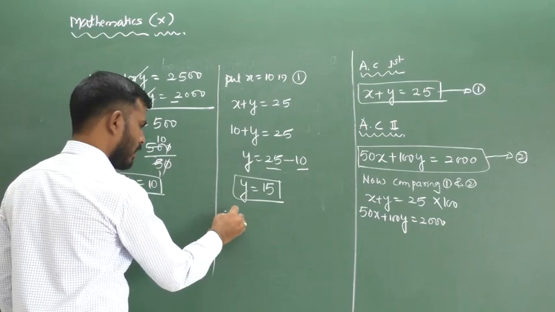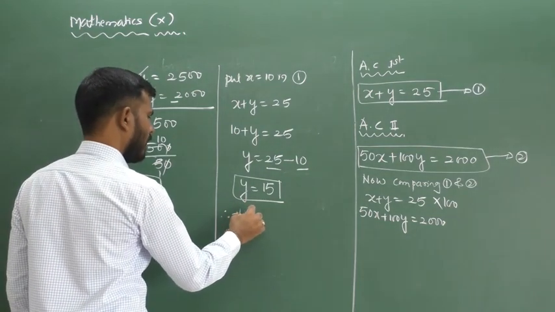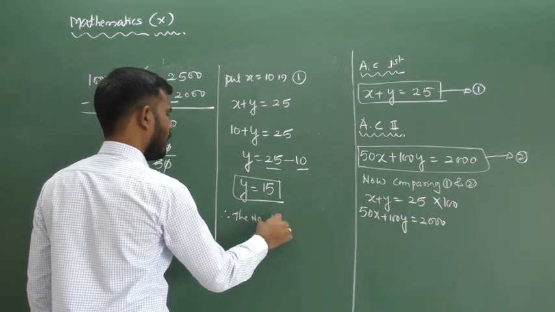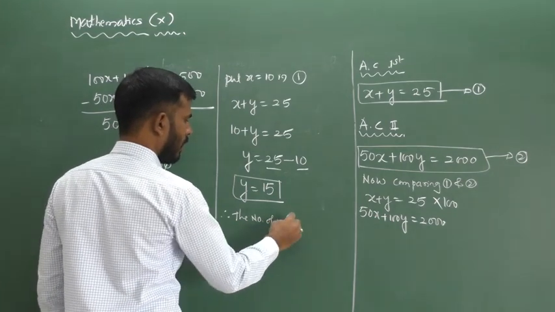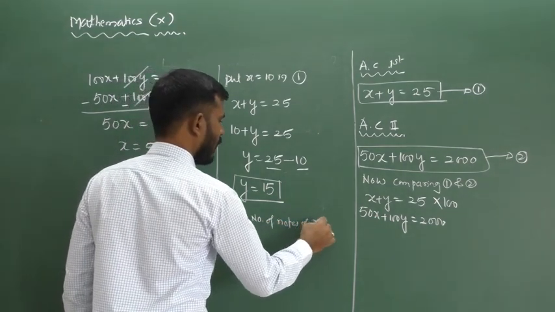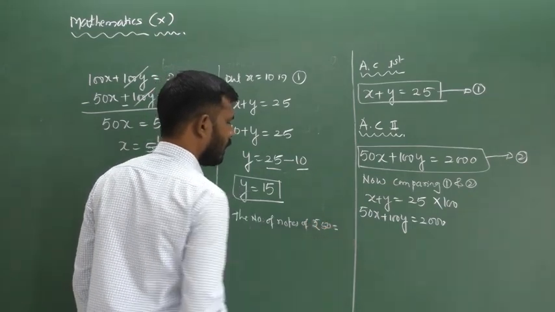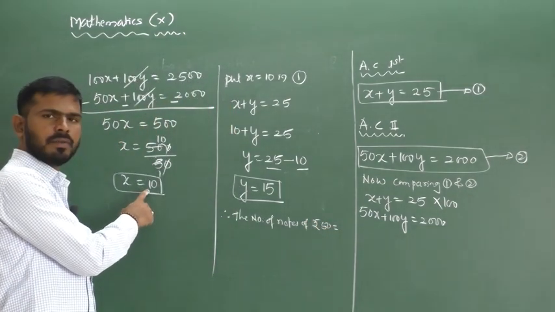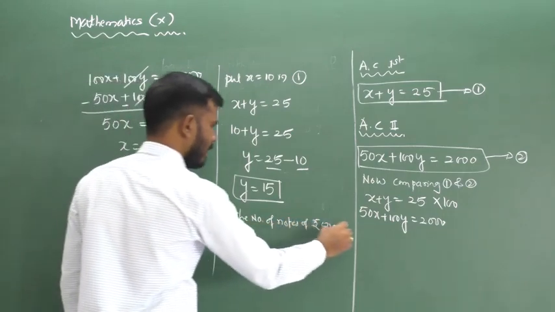Last, use the concluding sentence. Therefore, the number of notes of rupees 50 that Rushi has is 10.